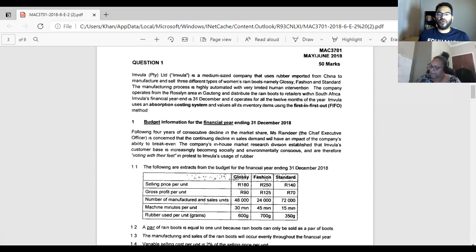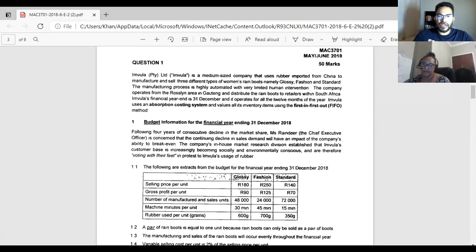It's very important to know the number of products that you sell from a cost accounting point of view. So we have 3 products: glossy, fashion, standard. Keep in the back of your mind that they manufacture and sell. Therefore you're generally going to come across a manufacturer in cost accounting, because in a manufacturing environment, that's where they can test all the nice cost accounting topics.